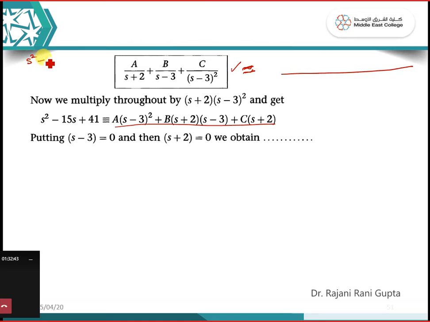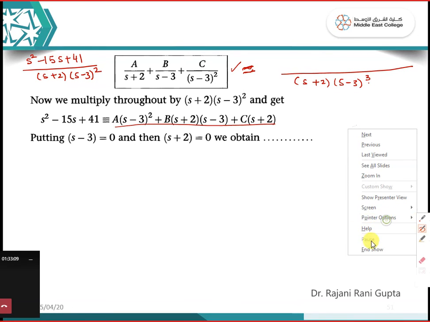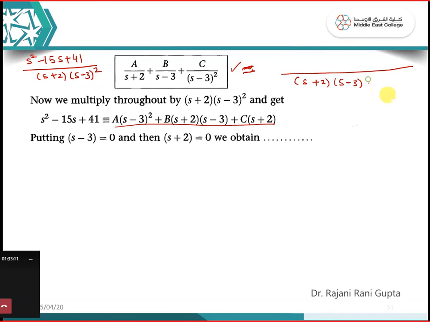The question is s square minus 15s plus 41 over s plus 2, s minus 3 power 2. Don't multiply all these things and write the denominator as s plus 2, s minus 3 power 3, because in the question you have power 2, so power 3 is not possible, it's wrong. It should be same as what is there in the question. Okay, so it should be power 2.